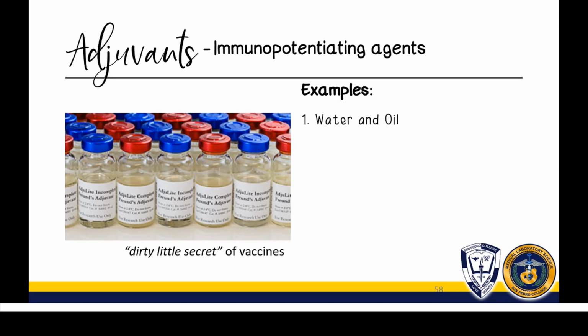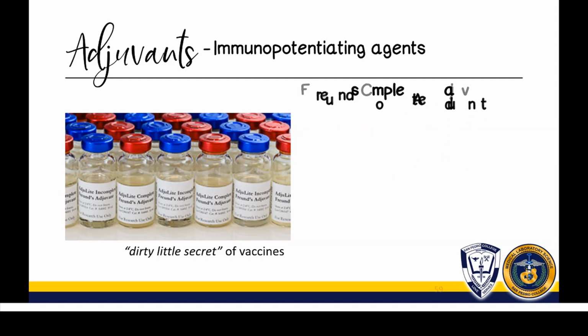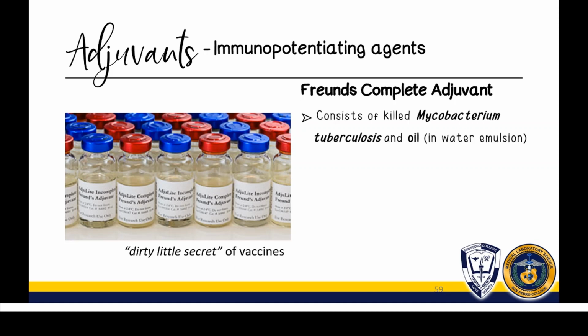Examples of adjuvants, we have water and oil. Alum precipitate, by the way, is the most common adjuvant used in modern vaccines. We also have synthetic polynucleotides. We have bacterial endotoxins. And the Freund's complete adjuvant. Freund's complete adjuvant consists of killed Mycobacterium tuberculosis and an oil-in-water emulsion.